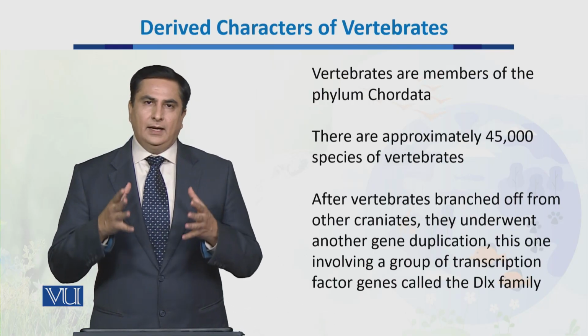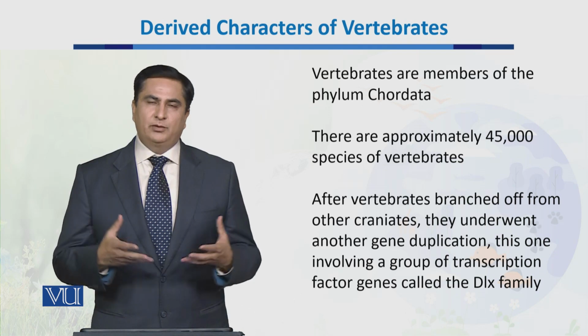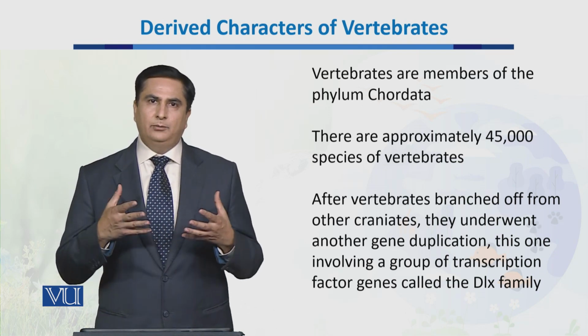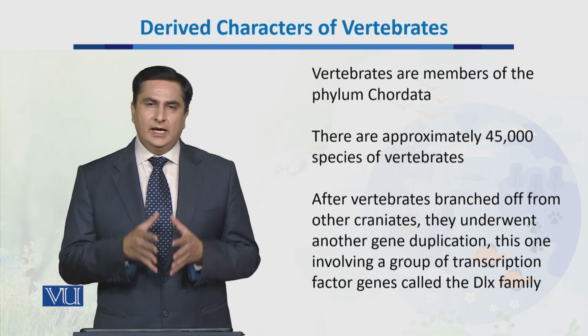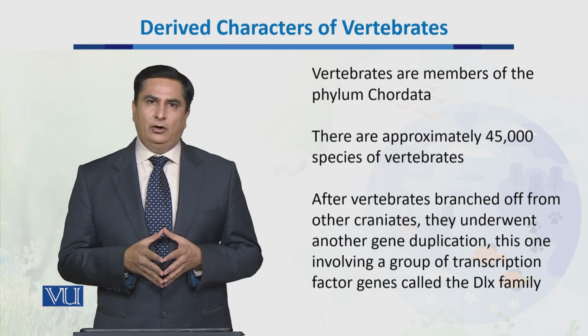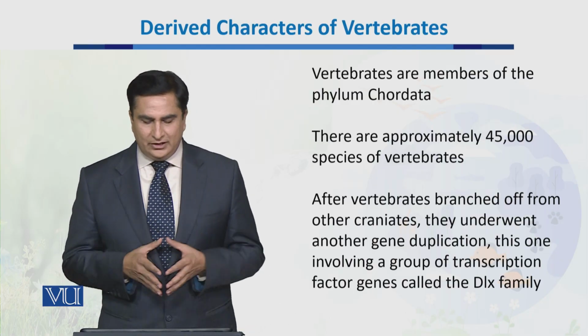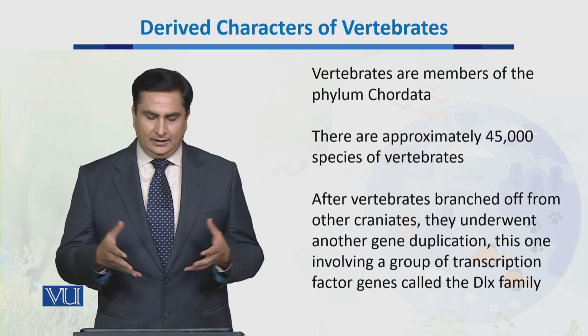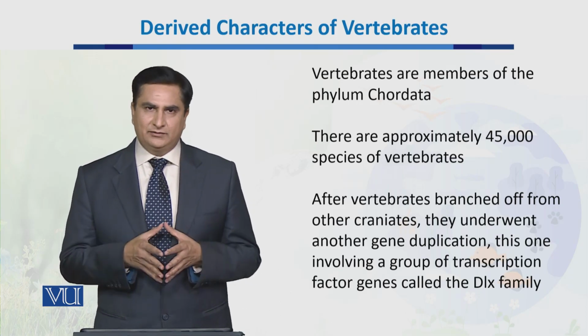Now, when they branched off from the other members of the craniata, they possessed certain characteristics, and those characteristics arrived because of gene duplication due to a group of transcription factors, different genes. They are called the DLX family.